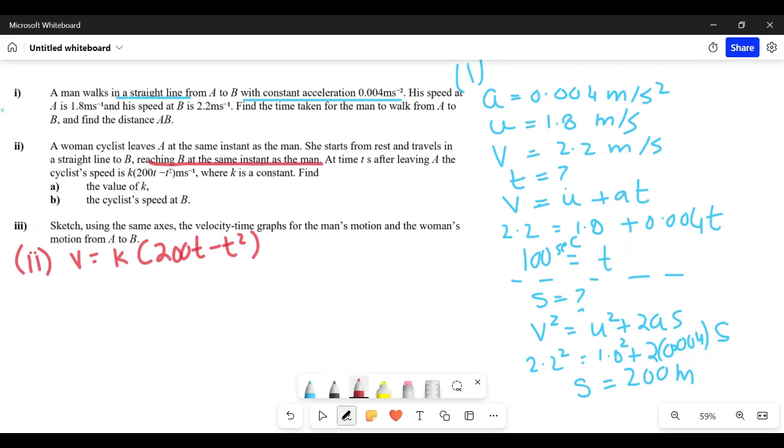So she's starting from rest and then she reaches point B at the same instant. And we know the distance AB is 200 meters, so her distance is 200 meters as well. Now we have to find k. If we integrate this to get the expression for s, and put 200 in place of s, we should be able to find t.